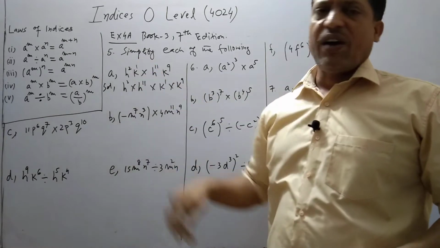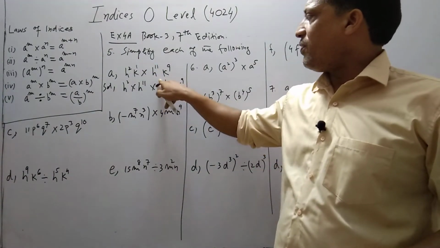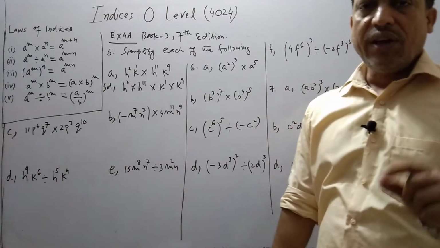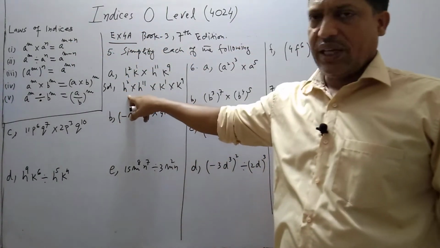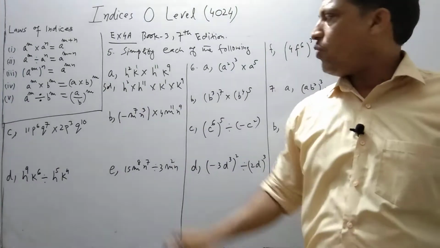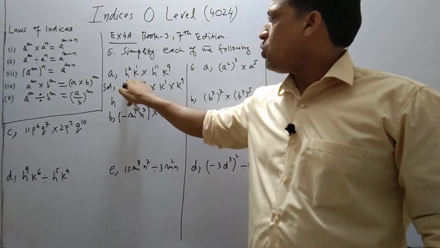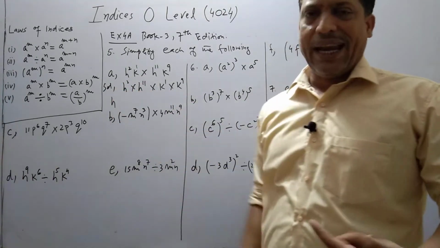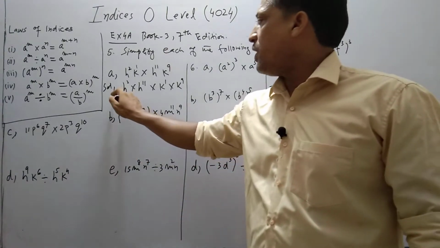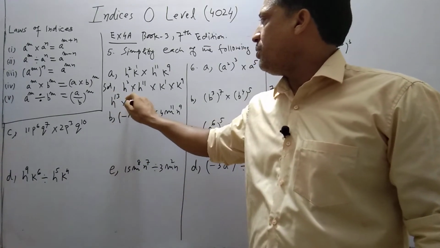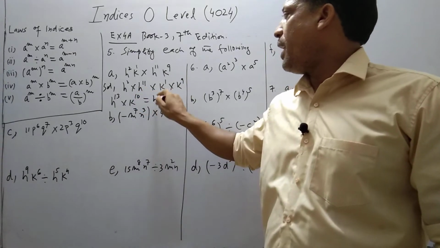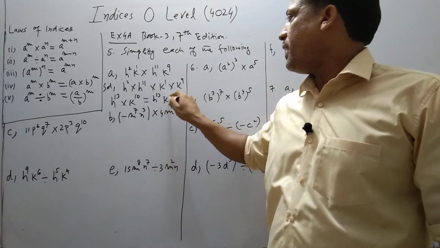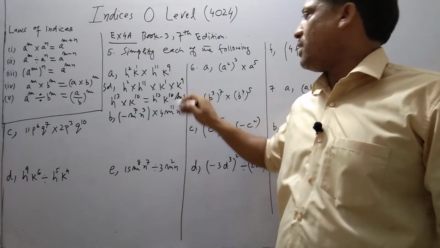If nothing, then power is 1, k power 1 into k power 9. So apply first law on this, h square into h11. What is the answer? 2 plus 11, you can write directly, 11 plus 2 is 13 into 1 plus 9 is 10, so h13 k10 is your answer.